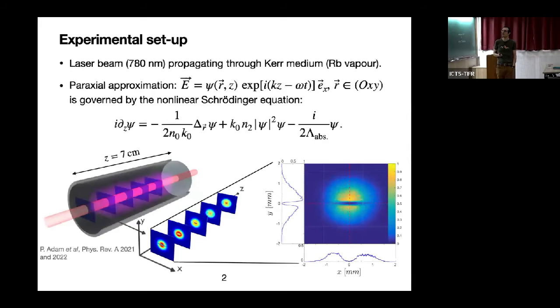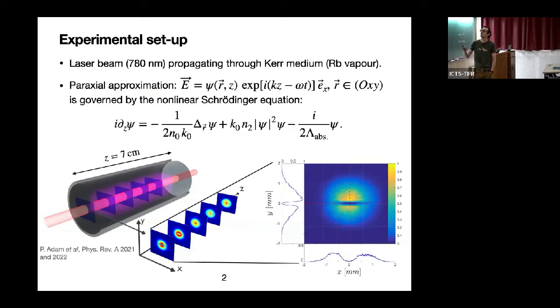Okay, so I start right away with what we were looking at. So it started with an experiment that has been done by Pierre and Romain in Nice. And it's the following system. We have a laser beam that propagates inside a Kerr-type medium. So here it's atomic vapor.